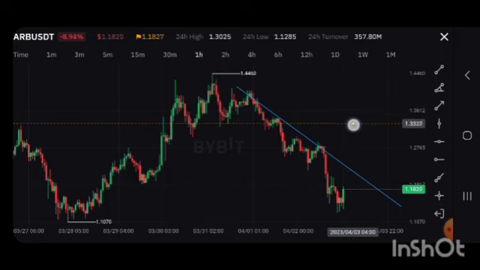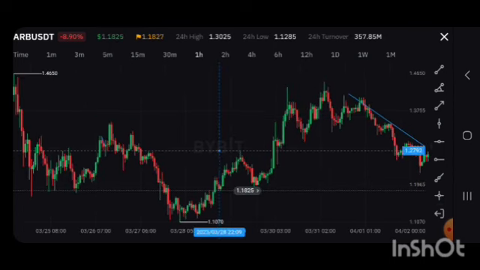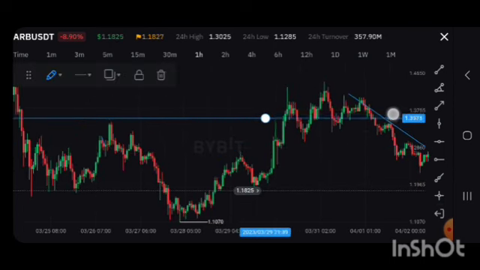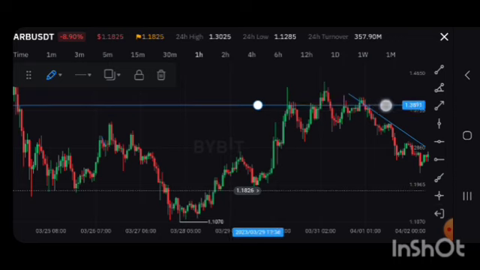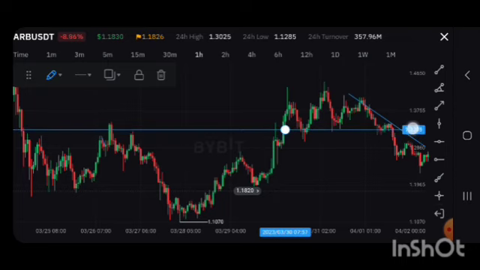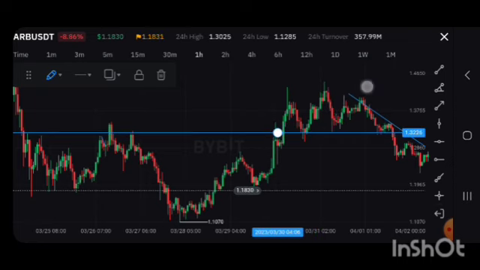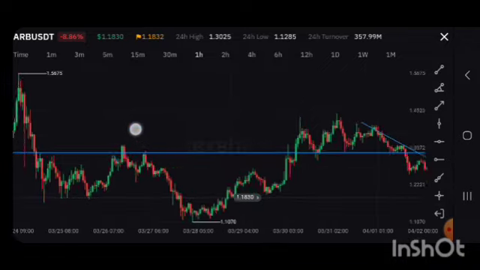This is like an area of support in the past, right? In this place, it was an area of support. In this region, look at it. Let me just draw the line, right? Okay, let me draw a line around here. This is the region, somewhere around here, right? See, this region used to be an area of support for this part, and in this place is an area of resistance.